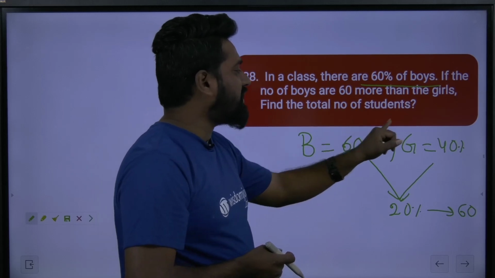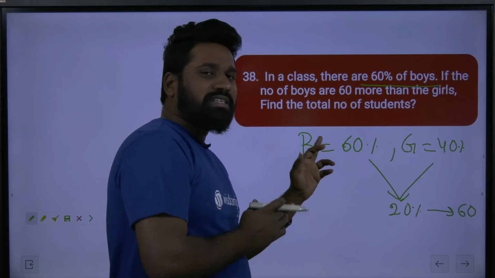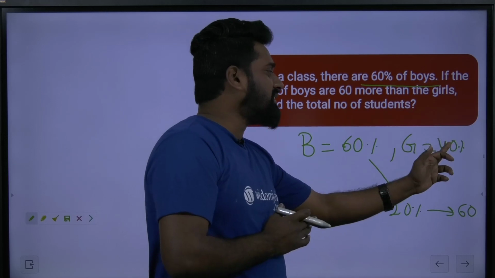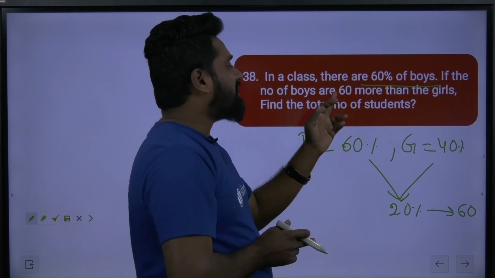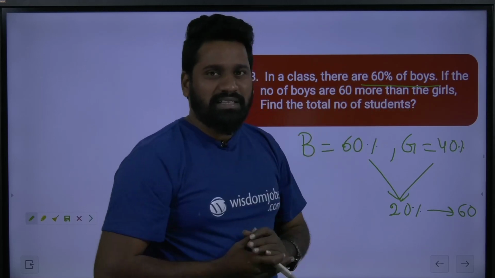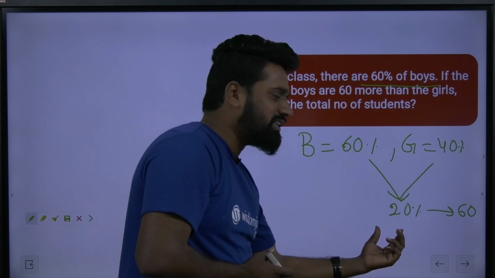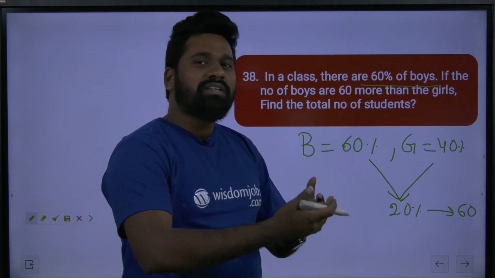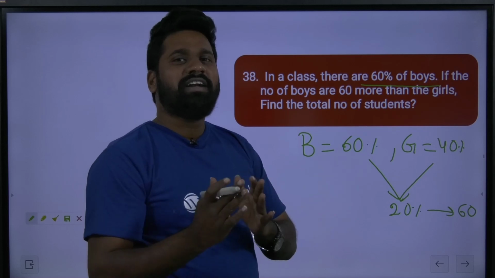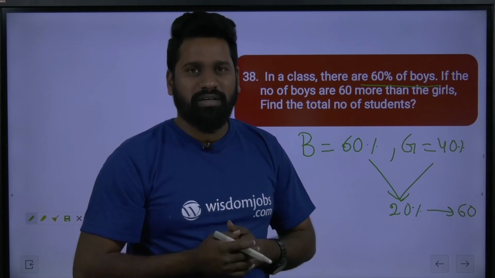In terms of percentage, the percentage of boys more than the girls is 20%. In terms of number, 60 boys are more than the girls. So this difference indicates this difference, because 60 more than the girls is just the difference between the number of boys and girls.